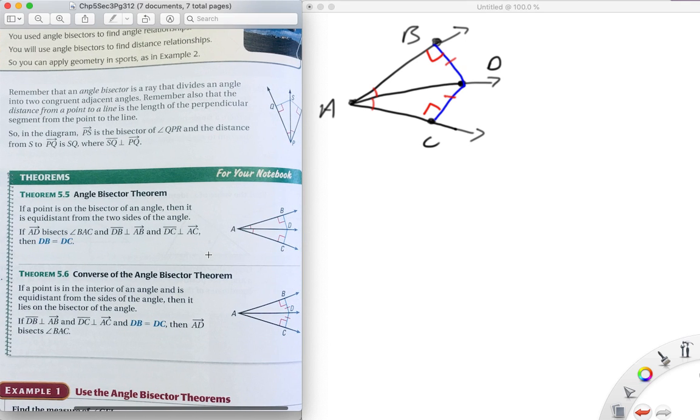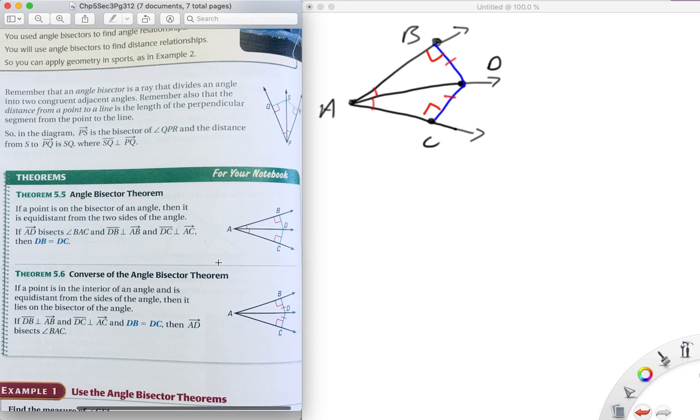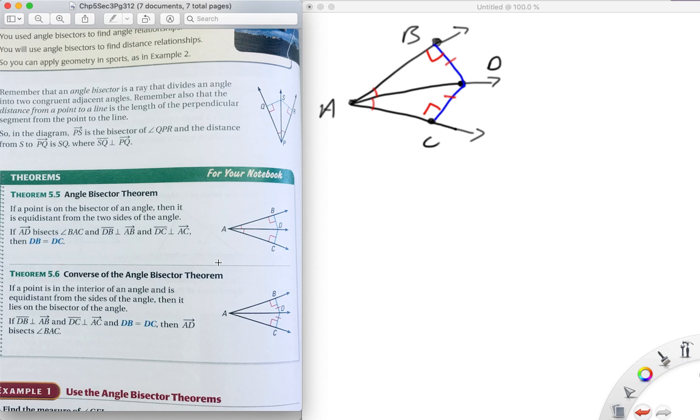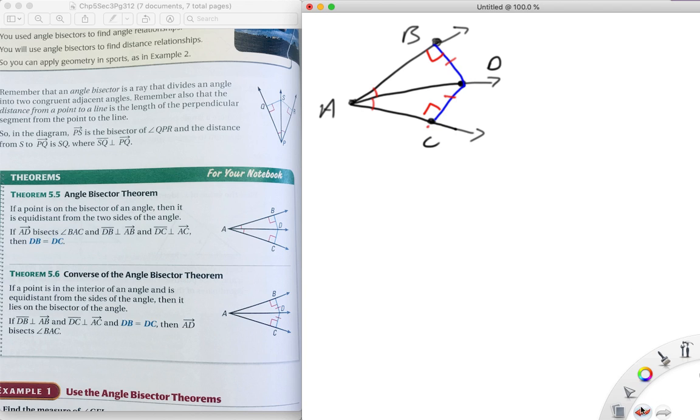If a point is on the bisector of an angle, then it's equidistant from the two sides of that angle. If a point is on the bisector of an angle, so point D, then the distance from D to B and from D to C are going to be the same. Moreover, they will also be perpendicular.